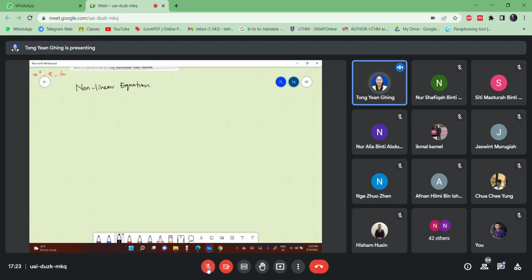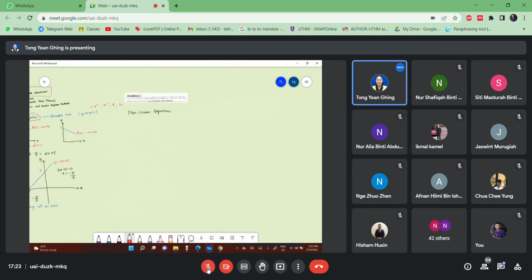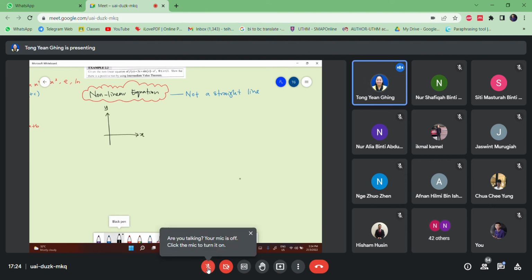Okay, so non-linear equation. Doesn't matter. So non-linear equation, that means this is not a straight line. So for example, like this one. For example, we have the graph like this.